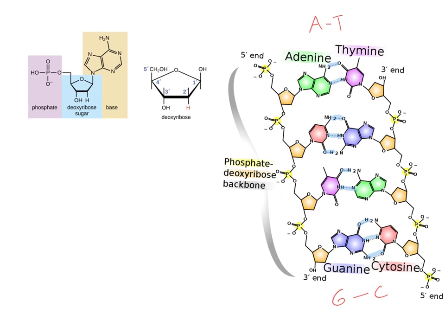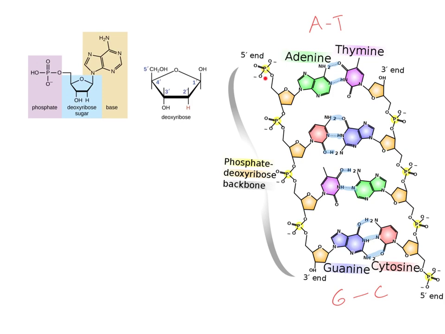So let me just highlight a couple things you should keep in mind. DNA is always made up of 3 components: phosphate, sugar, and a base. And the base is either going to be one of these 4: the adenine, thymine, guanine, cytosine. So one of those 4 will always be our base. The phosphate and the sugar won't change.